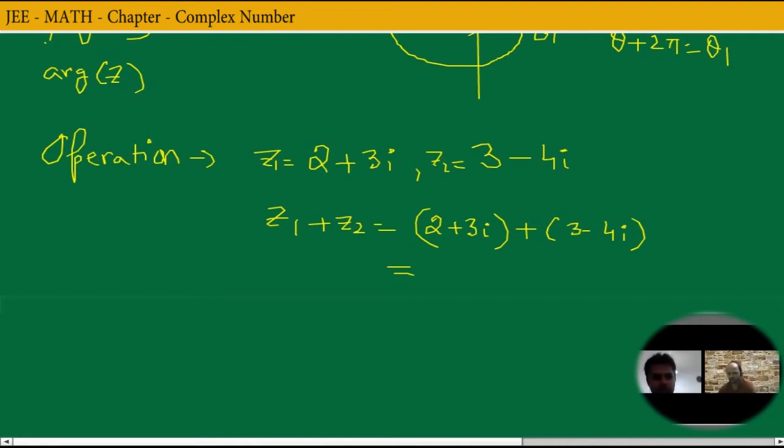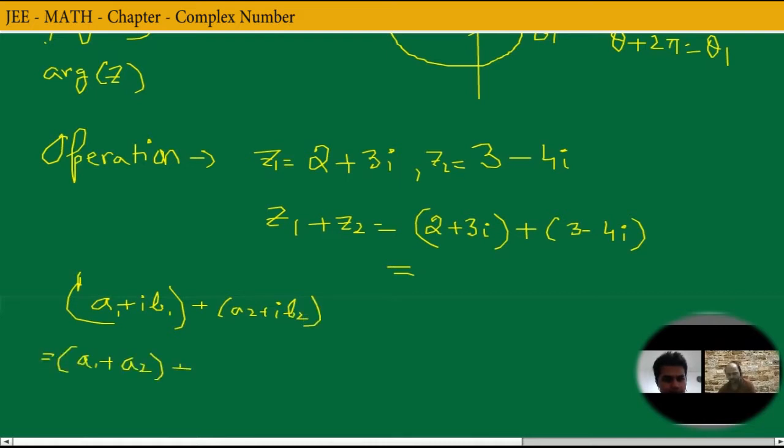Just remember, if we add a1 plus ib1 and a2 plus ib2, it would be something like this: we have to add the real parts, and we have to add the imaginary parts.